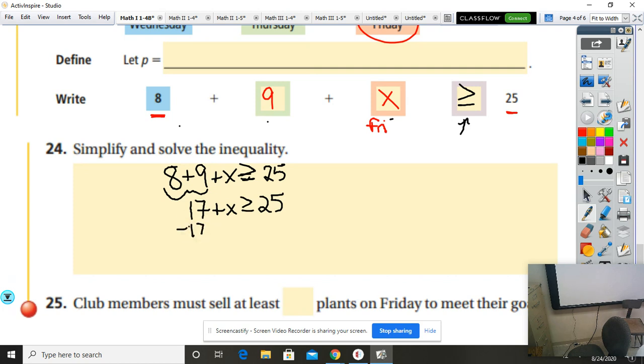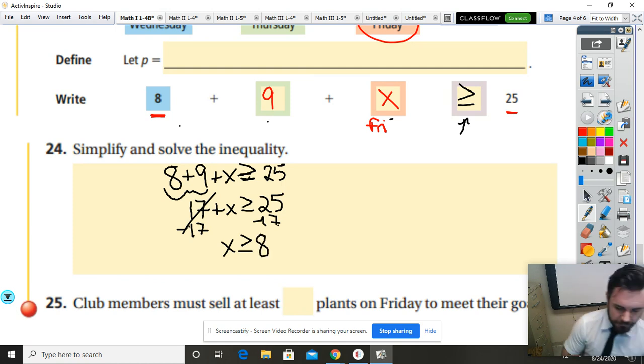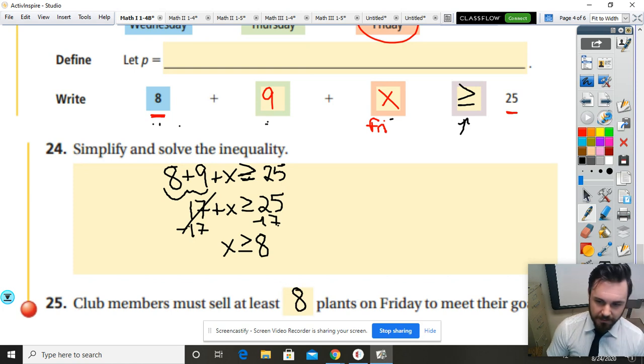Getting x by itself means I need to subtract 17. Notice I'm not changing the inequality sign at all. And what's 25 minus 17, I believe, is 8. So that means if we've sold this many plants on Wednesday and Thursday, I have to sell at least 8 plants to make my 25 goal or higher.